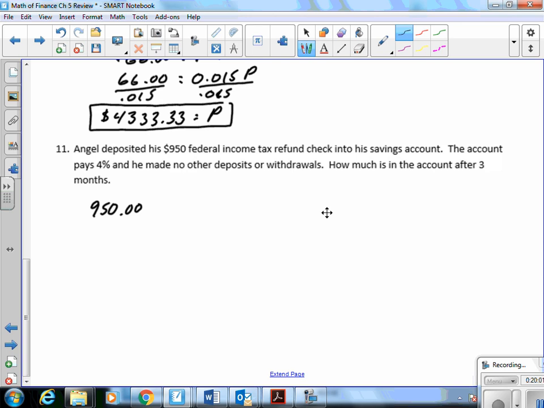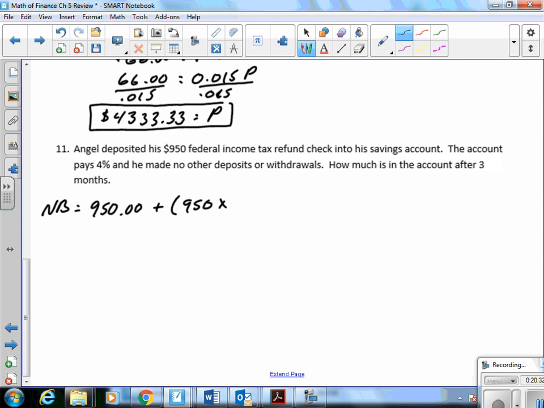and we're not just trying to find the interest, we're trying to find how much is actually in the account. So we need to know the amount that he's put in there. So our new balance is equal to the $950 plus the amount of interest. And to find the amount of interest, it's the amount that we deposited, 950, times the part of the year.